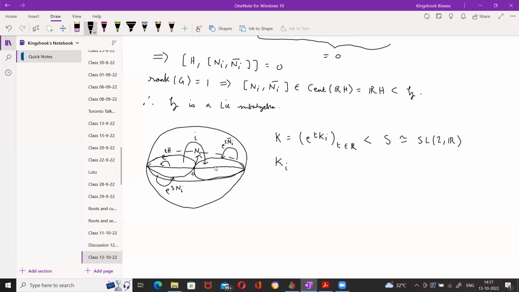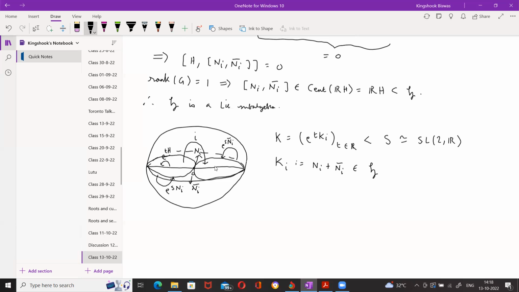Okay. And now N_i bar is given by applying the derivative of I to N_i. At the origin, the derivative of I is minus identity. So at the origin, N_i bar will therefore be minus N_i. So therefore, if I put K_i to be N_i plus N_i bar, then this is an element of my Lie subalgebra.